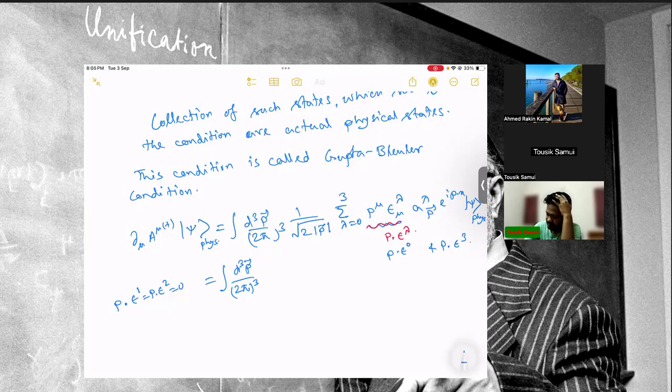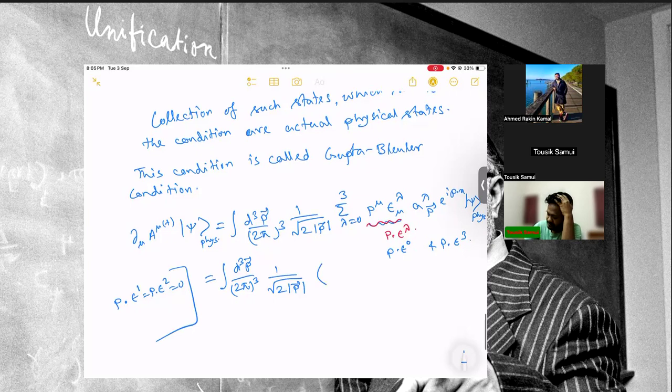So then the sum becomes square root p, and it will be p dot epsilon naught a naught p plus p dot epsilon 3 a3.